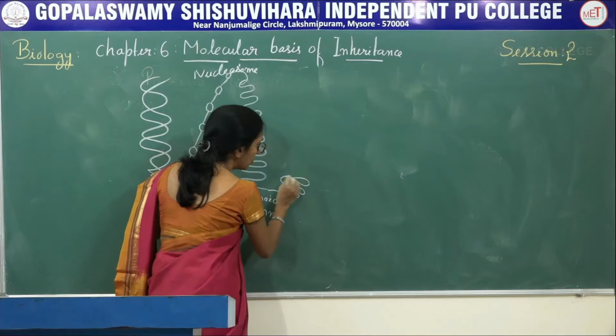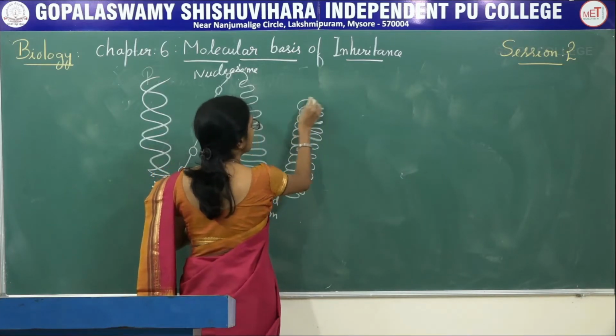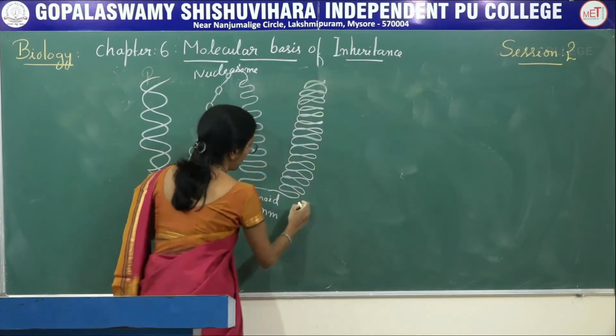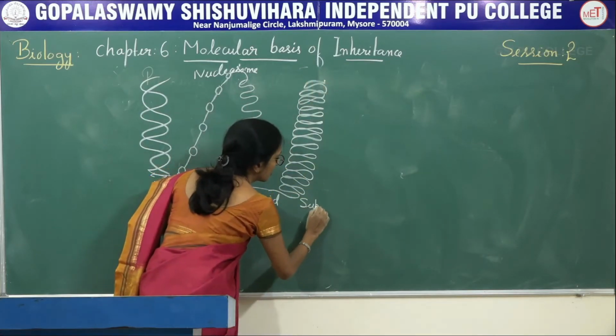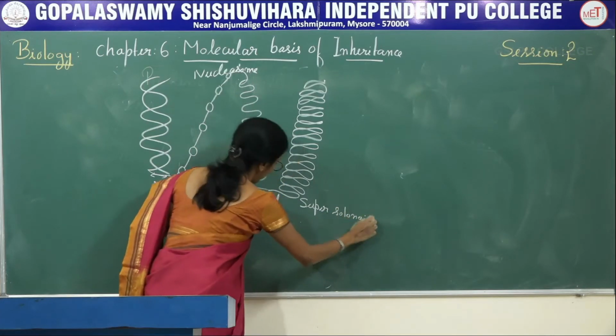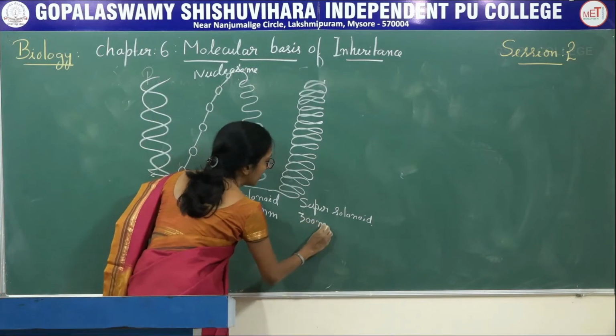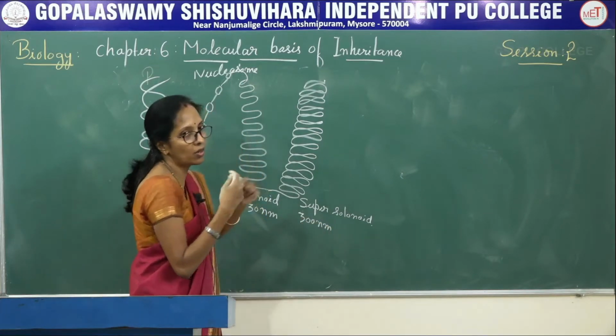Again it coils, super coils like this. This is said to be super solenoid, and here the width again increases because of super coiling.